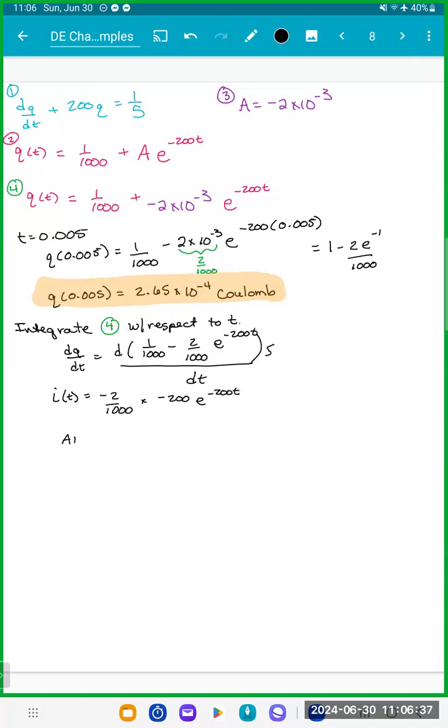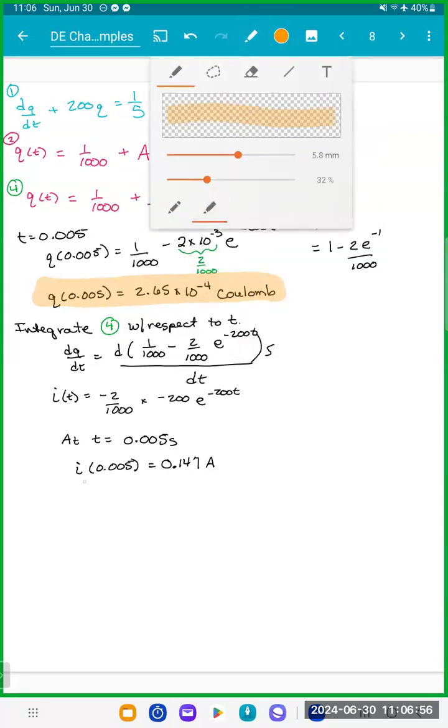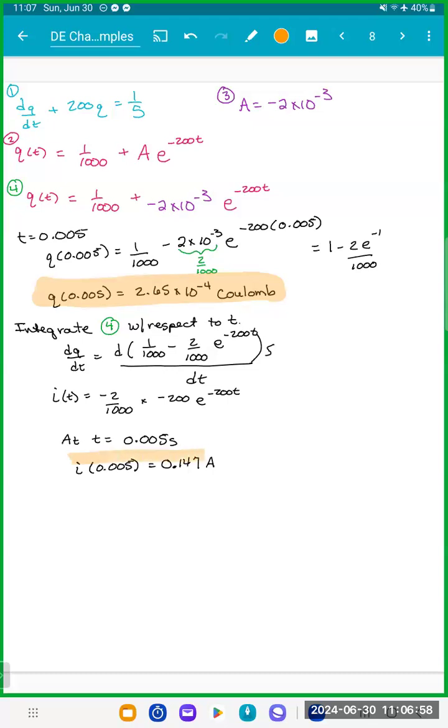And so at t equals 0.005, we end up with I of 0.005 is equal to 0.147 amps. That is another part that we were asked to determine.